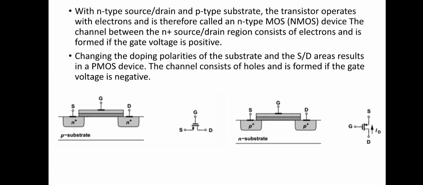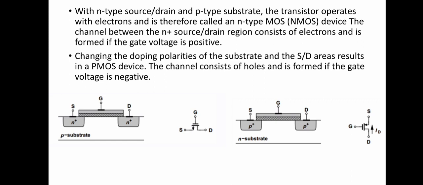With N type source and drain and a P type substrate, the transistor operates with electrons, and therefore it is called the N type MOS, that is the NMOS device. The channel between the N plus drain and source regions consists of electrons and is formed only if the gate voltage is positive.